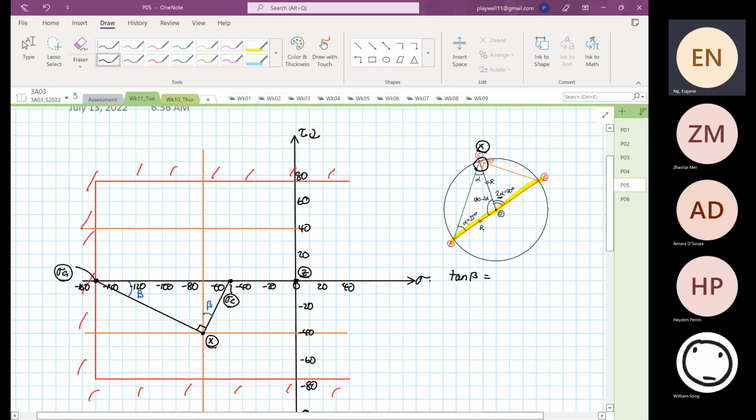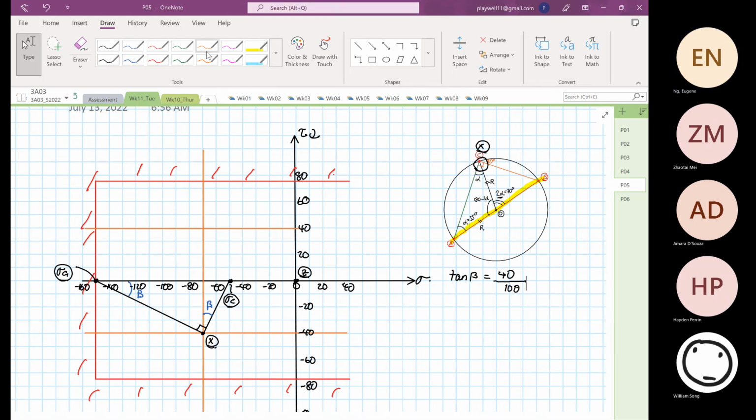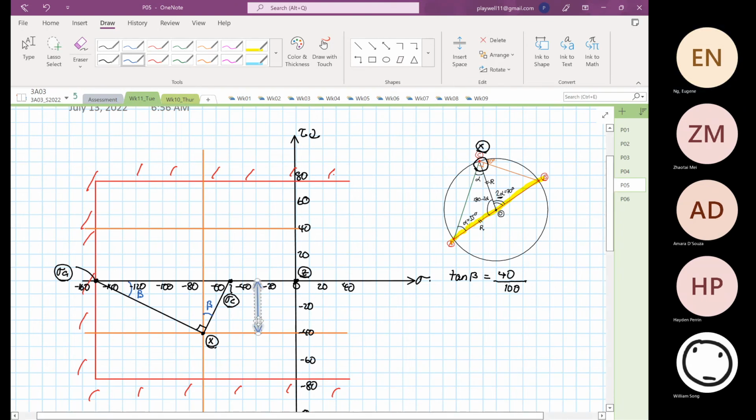tangent beta is equal to 40 divided by 80. Why 40? Because the distance from here to here is 40.